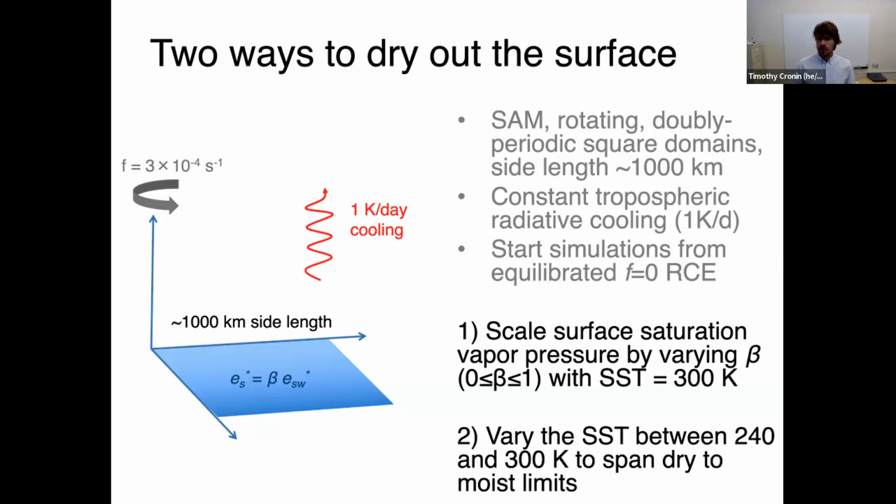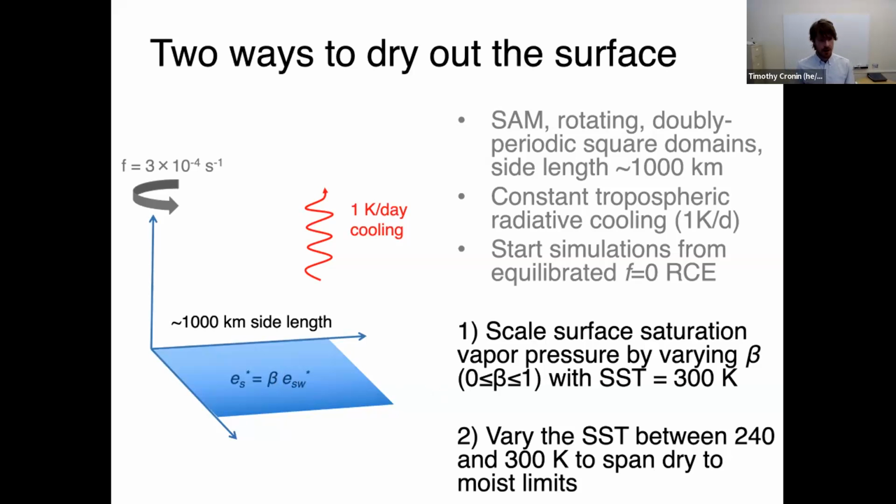So I'm going to show results for going from a moist to dry surface in two ways. The first is by varying the surface wetness, which we call beta. We tune that between 0 and 1. And in the model, it modifies the surface saturation vapor pressure relative to that of pure water at the given fixed sea surface temperature. So beta equals 0 reduces the vapor pressure that the surface has to 0 in the model.